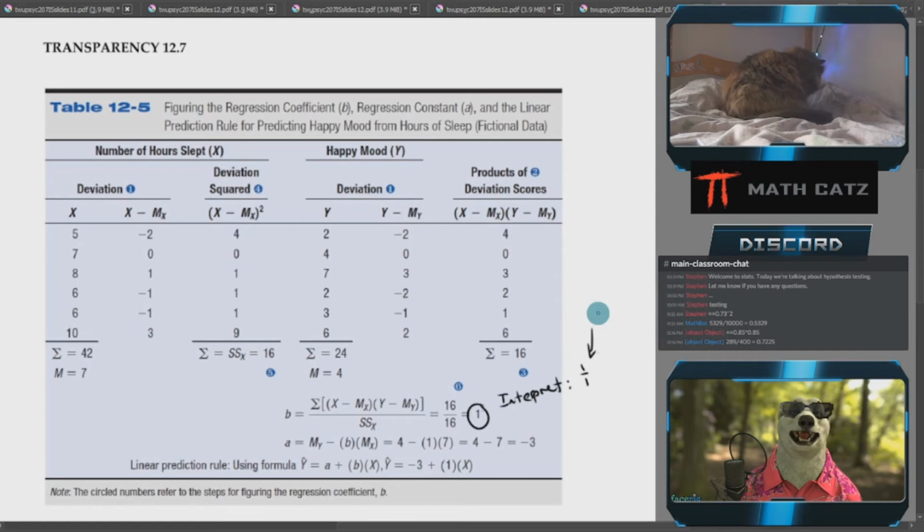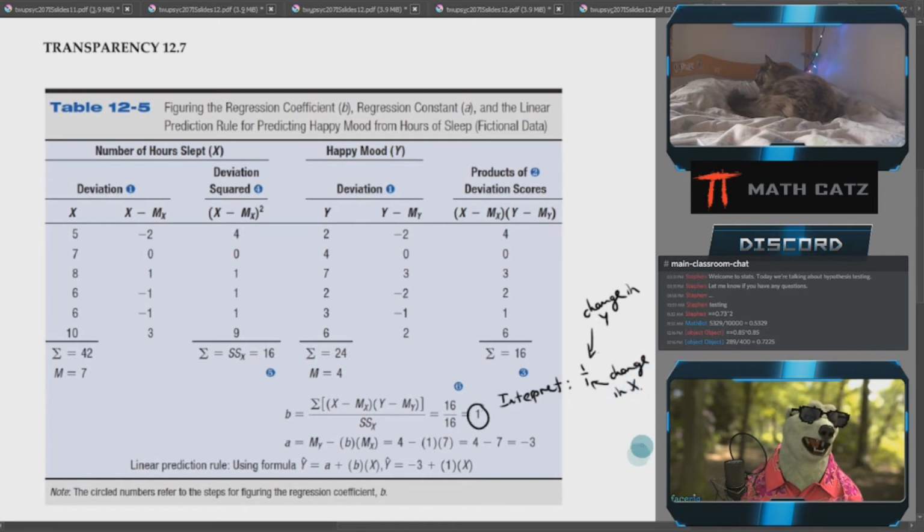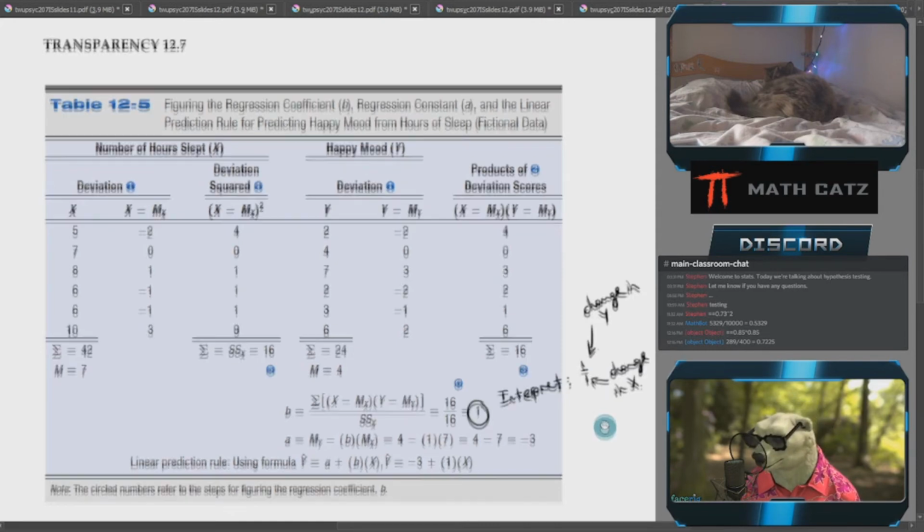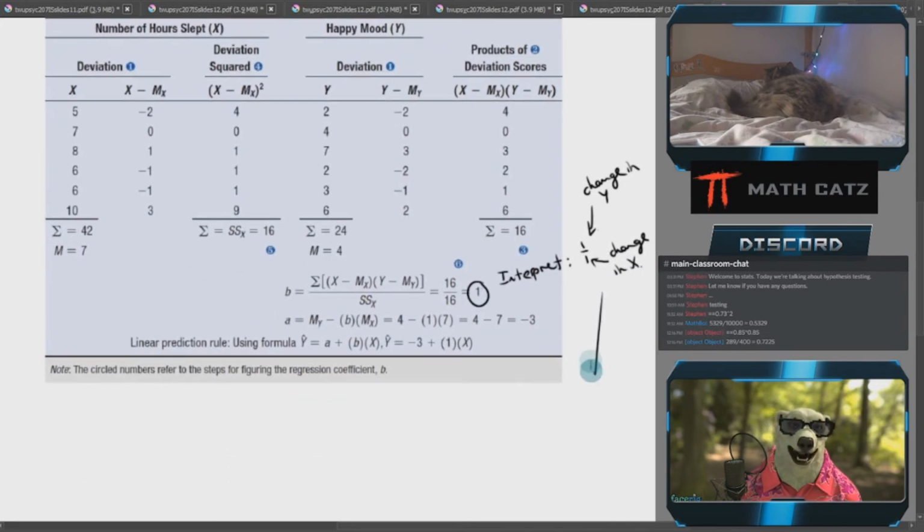The top one is going to indicate the change in my y variable, and the bottom one, the corresponding change in my x variable. If you remember pre-calculus, rise over run. Let's say it down there. Now, remember which one is which, right? The bottom one, x, is your hours slept. The top one, y, is your mood rating.